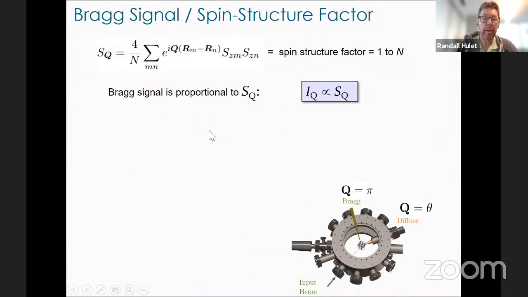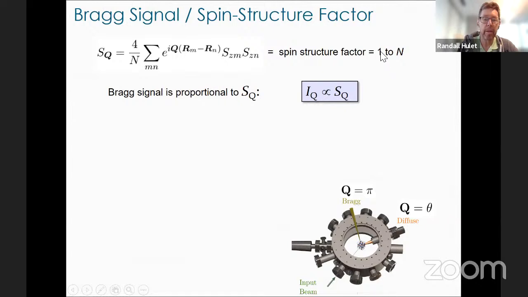So this is what's called the spin structure factor. It gives us correlations that alternate. The sign of this alternates every nearest neighbor, every jump along the lattice direction. And this gives a spin structure factor, which has values that range between 1 to N, depending on how coherent the system is.